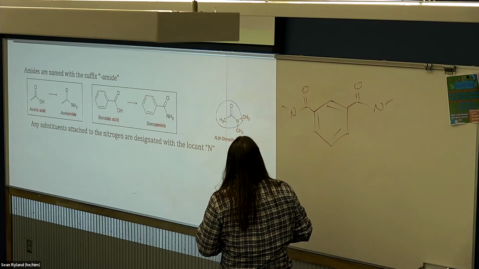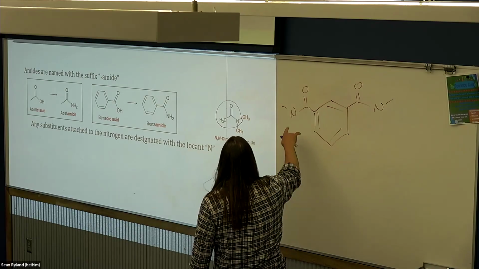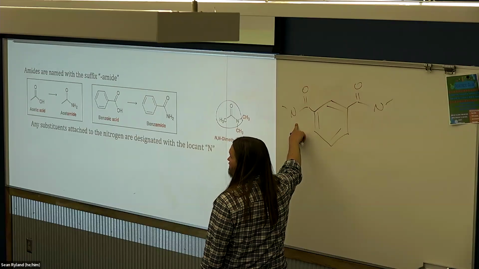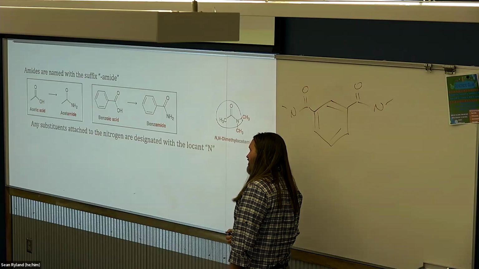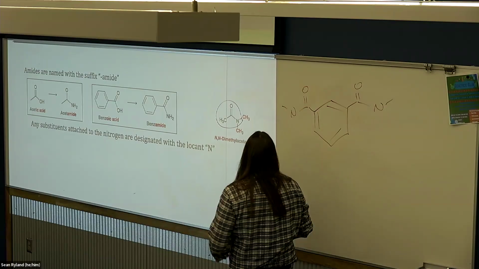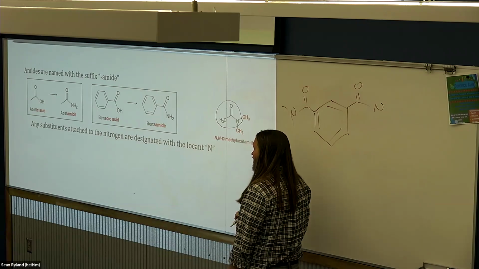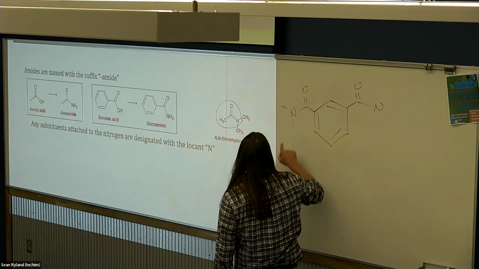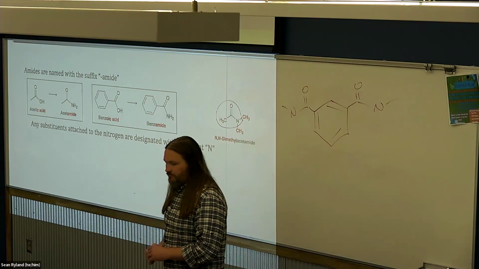I made it tricky. I didn't mean to do that. But just as far as these nitrogens are symmetrical, it doesn't matter which one's N and which one's N prime. So you just say N prime, because it could also be that, which would be N,N-dimethyl versus N,N prime-dimethyl.